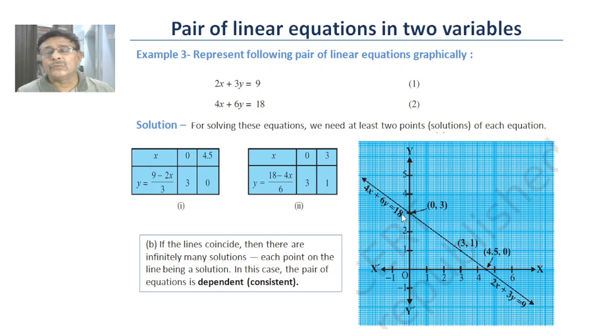Now we can easily notice that these two lines are coinciding. So if the lines coincide, then there are indefinitely many solutions, each point on this line being a solution of these two linear equations. So in this case, the pair of equations is dependent and consistent.